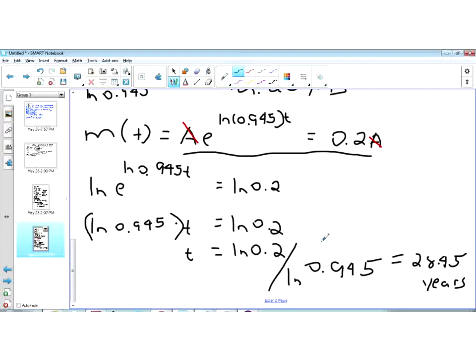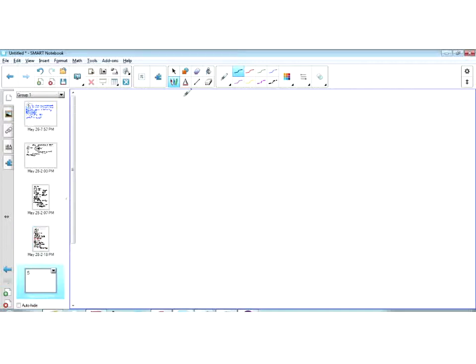So the next class of problems we'll be talking about will be called Newton's law of cooling. And this is a rather interesting problem.